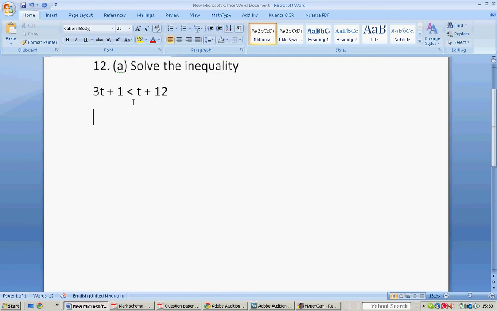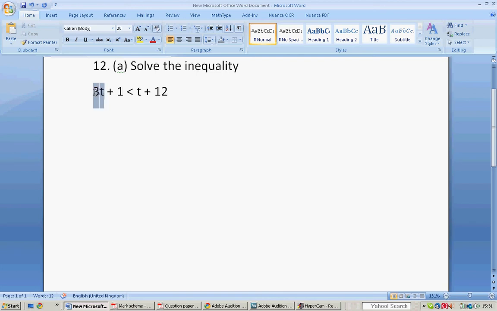We're going to use the inverse method as always for solving inequalities and equations. We go for the smaller number of t's, the fewer unknowns.